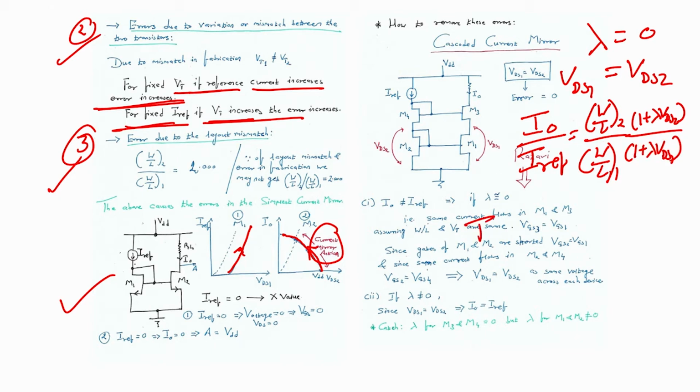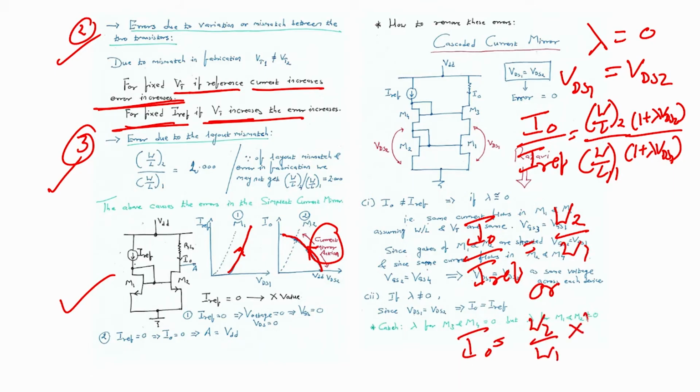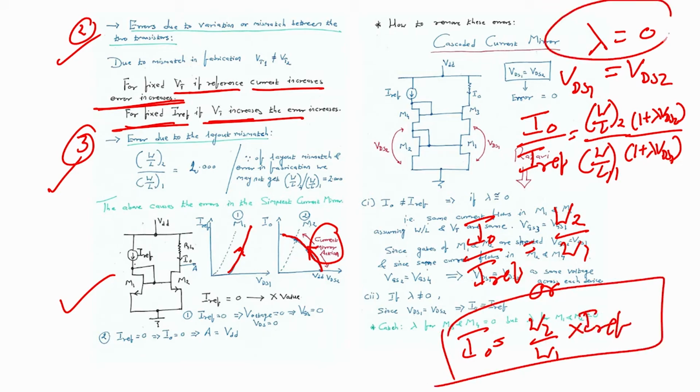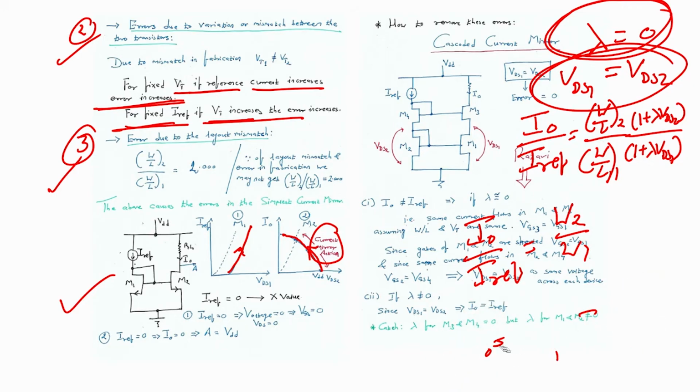So, to get IO by I reference equals W2 by W1, or IO equals W2 by W1 into I reference, I should have either lambda equals 0 or VDS1 equals VDS2. But I have neither in the simplest current mirror circuit.